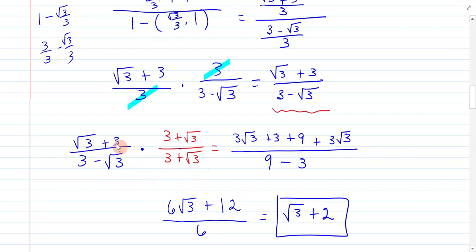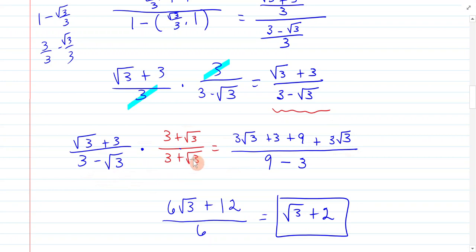On top, you can do FOIL. So square root of 3 times 3 is 3 square roots of 3. And then outer, square root of 3 times square root of 3 gives you 3. 3 times 3 equals 9. So we're here. And then last gives you 3 square roots of 3. On the bottom, we should get no radicals. That's the whole point. So 3 times 3 is 9. We don't have a middle term because we got 1 minus and 1 plus.